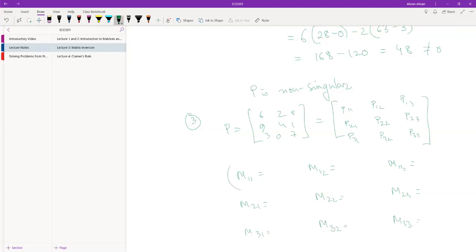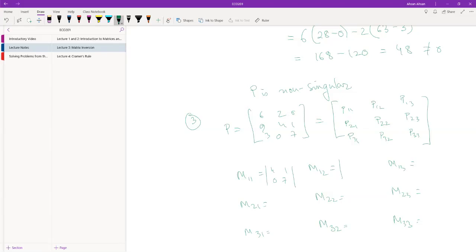So for M11, to calculate M11, what we did was we went to P11 and we ignored everything in the same row and the same column. And we are going to do exactly that. What that is going to give us, this again. And what that is going to give us now is a 2 by 2 matrix. So it's a bit lengthy, but the same thing really.